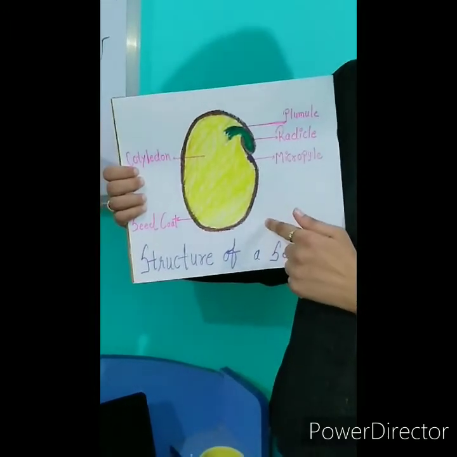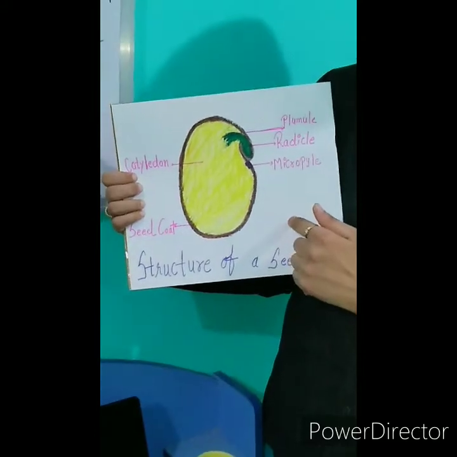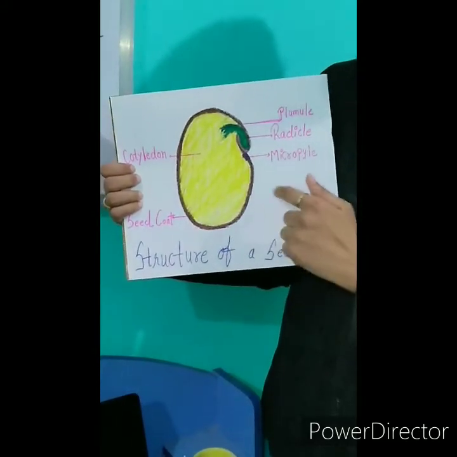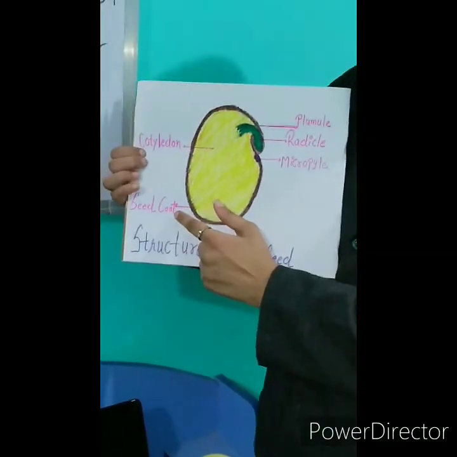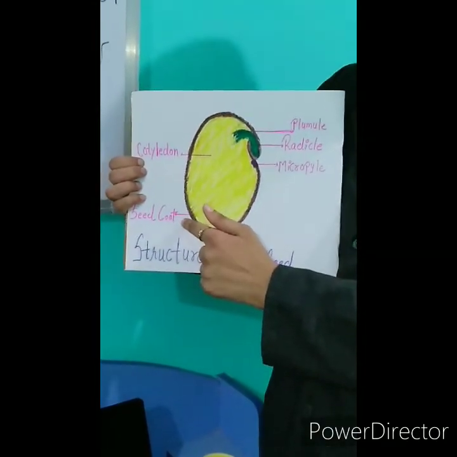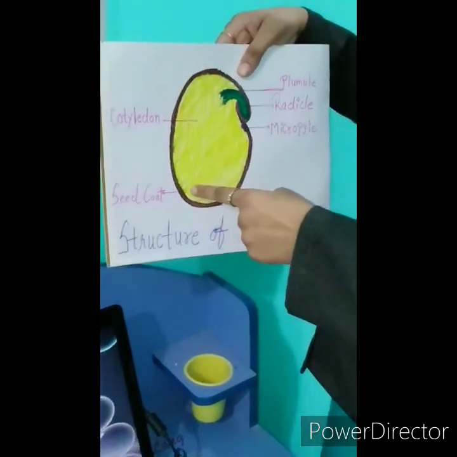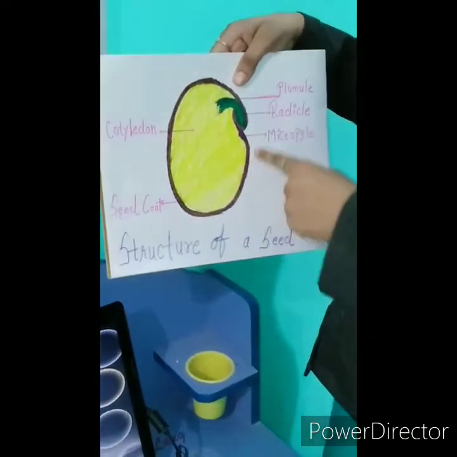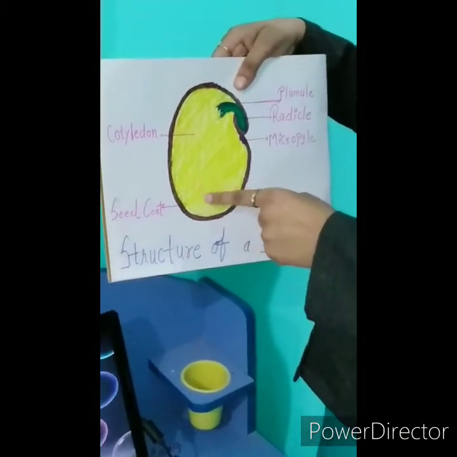So here I made a structure. These are all the main parts of a seed. Here you can see this is the seed coat, the outer covering. It provides protection to the seed.